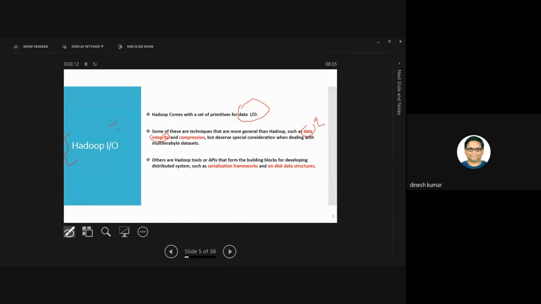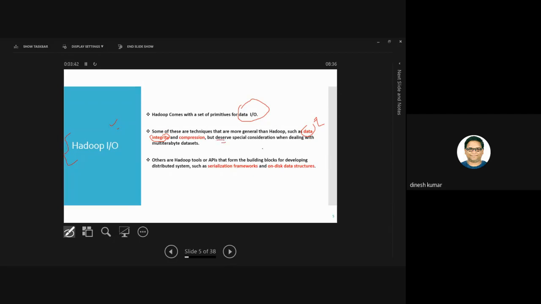These terms are more general. We talk about data integrity, we talk about data compression. And some of the methods for data compression and integrity are not especially designed for Hadoop. You will see those things are common, they are already there.